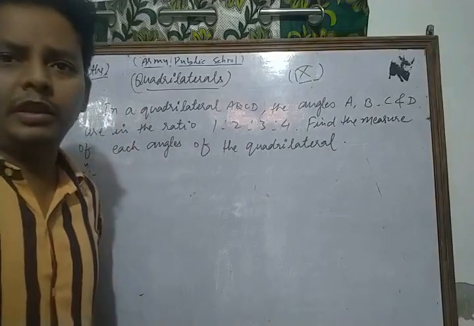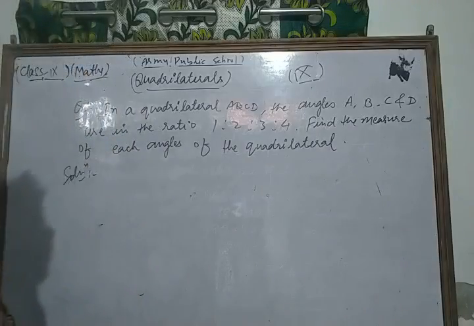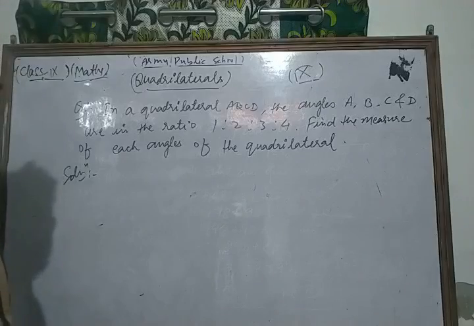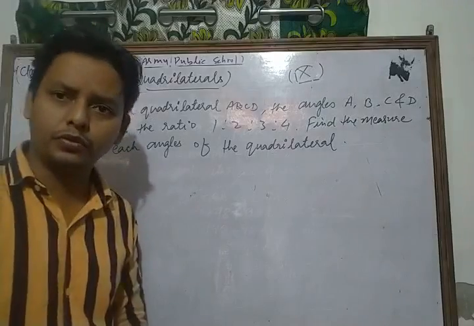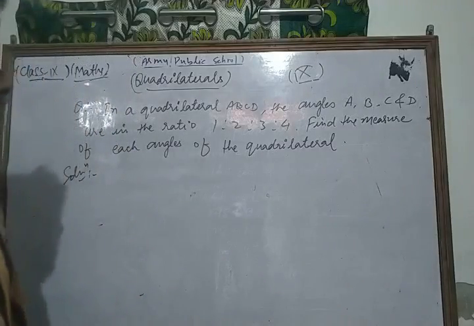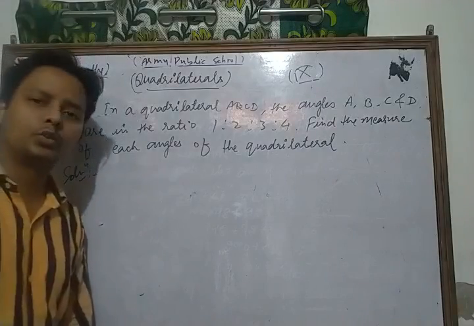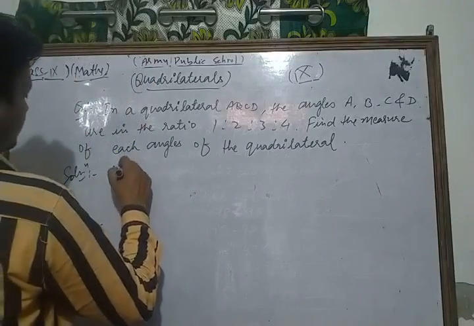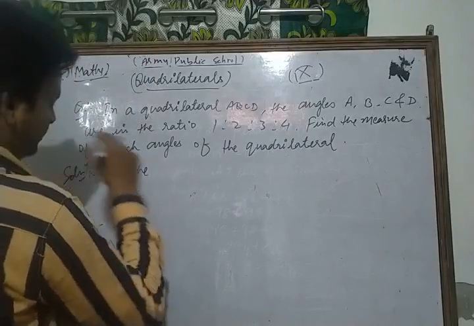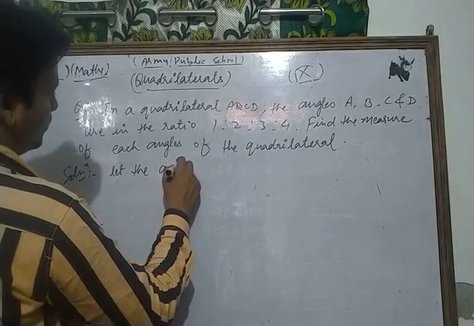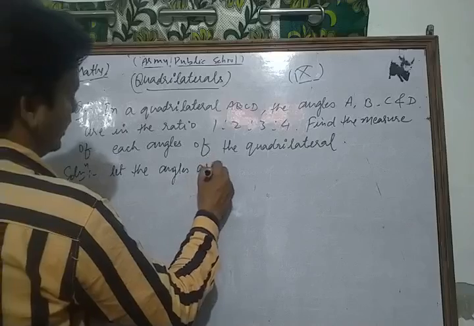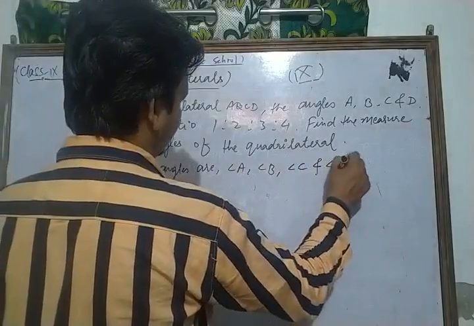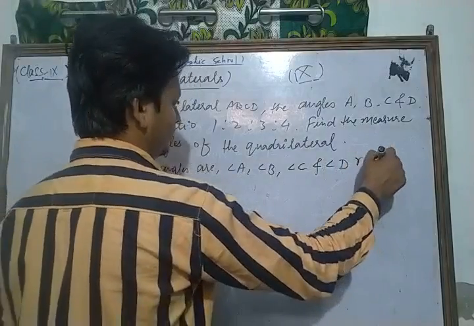So here, this is a very important question. In a quadrilateral ABCD, the angles A, B, C and D are in the ratio 1:2:3:4. Find the measure of each angle of the quadrilateral. So first of all, let the angles be angle A, angle B, angle C and angle D respectively.